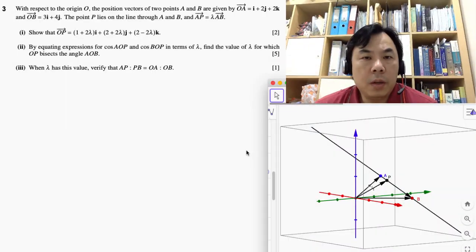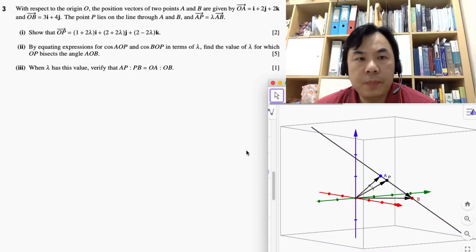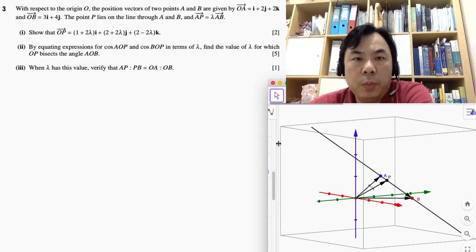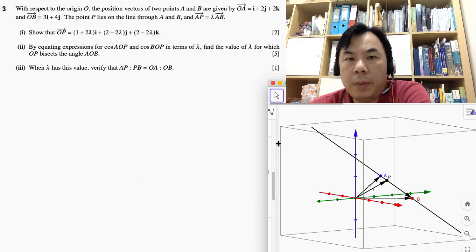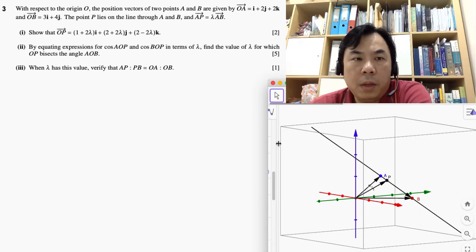Right, let's move on to the third question now. With respect to the origin, the position vectors of two points A and B are given as such. The point P lies on the line AB, and AP equals lambda AB. Now, we need to show that OP is given as such.